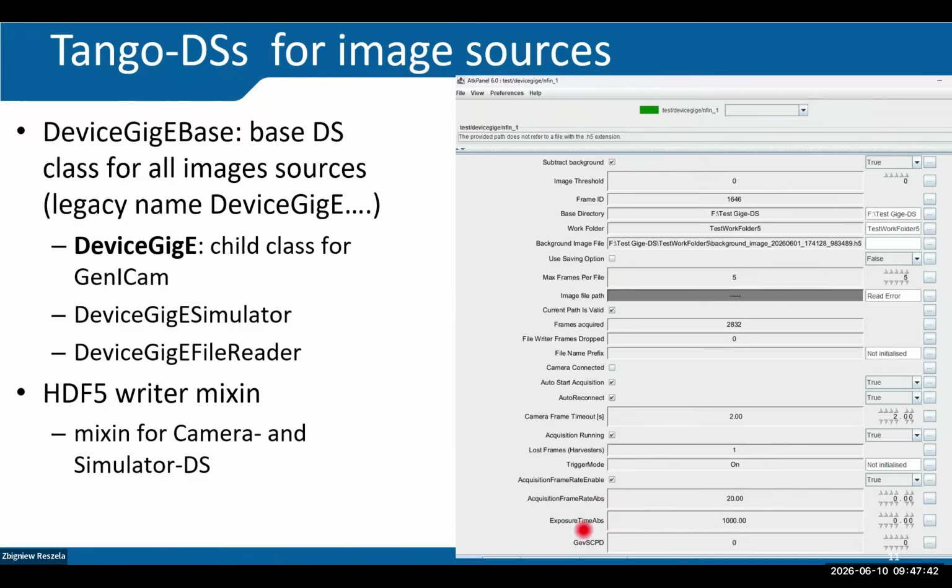And all the stuff you changed appears here. I think a common application will be to set an area of interest, because sometimes we have a really small spot and we don't need 2000 times 2000 pixels. We can just set an area of interest, and that's it.